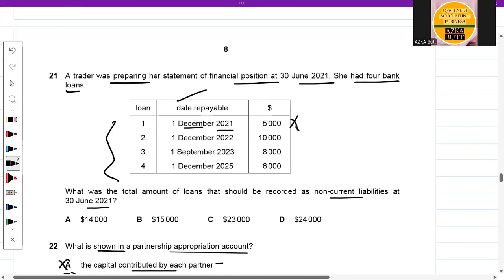So only these three would be part of non-current liability because these are repayable after 1 year. These are repayable in 2022, 2023, and 2025. So 10,000, 8,000, and 6,000. It gives you the answer, which is 24,000. This is the right option.